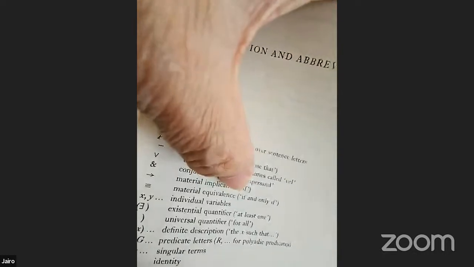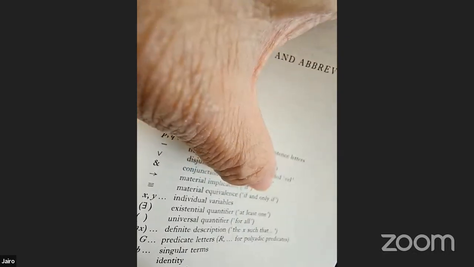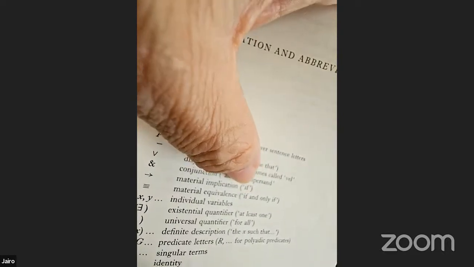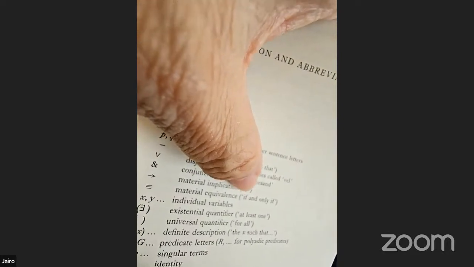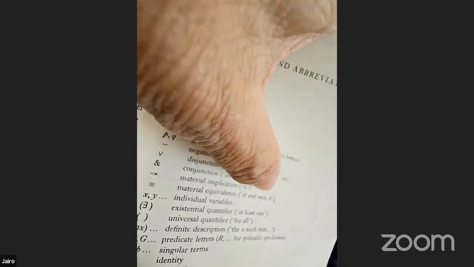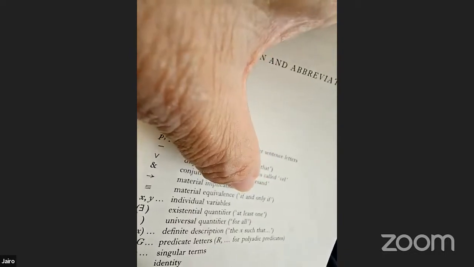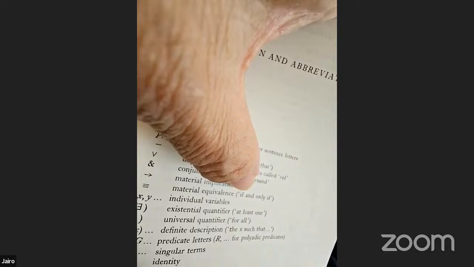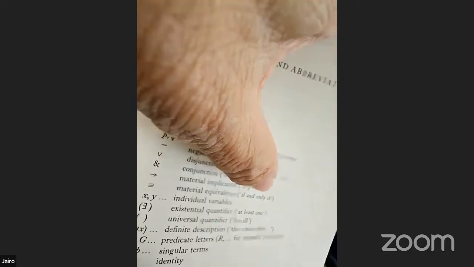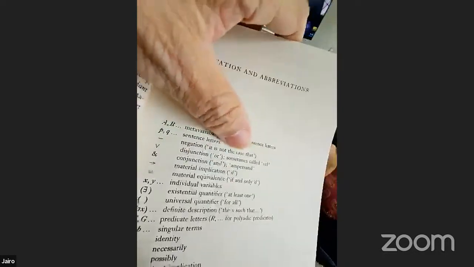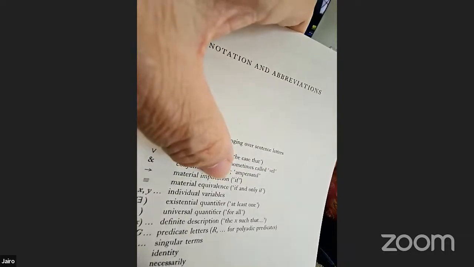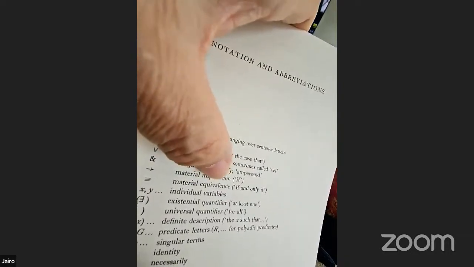That means if and only if. So it's a little bit stronger than if. If and only if. That suggests that it happens if and only if this happens. So that makes it equivalent.